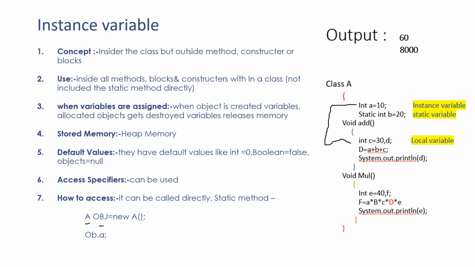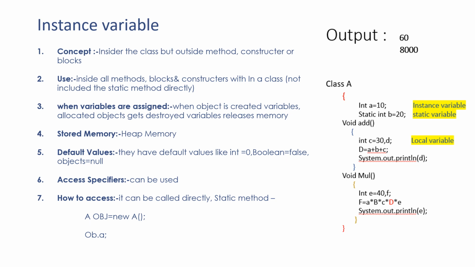Object obj is equal to new A, and obj.a means this object of A. So we can get this value directly, or else by using this method we can also call the instance variable.